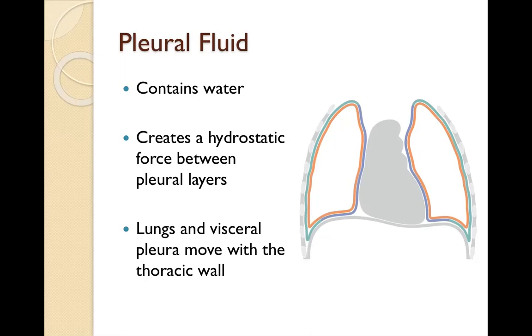Because of the adhesive and cohesive properties of water, water creates a force that helps those two layers of pleura stick to each other. And it ensures that the lungs move with the thoracic wall and they don't move separately because of this pleural fluid and the water. There's a lot of hydrogen bonding that's going on with that, and the two layers of pleura end up just sticking together.